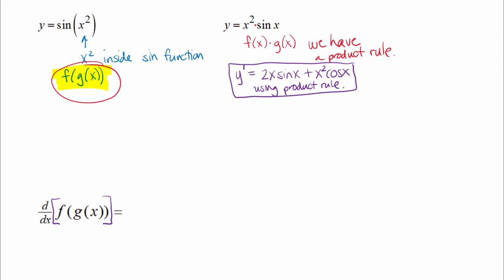The key thing is how these two functions are related to each other. I have an inside function, the g of x function, and that function is inside the f of x function, which is the outside function, or inner and outer.